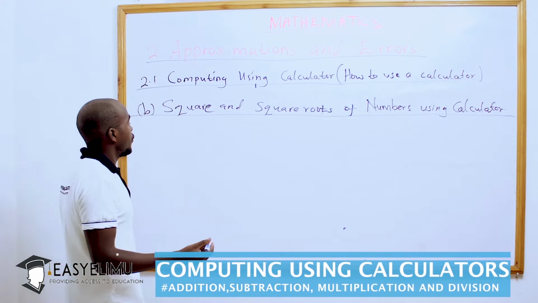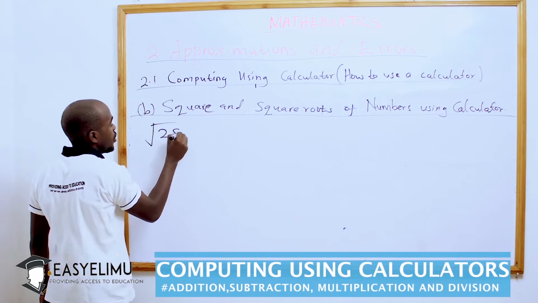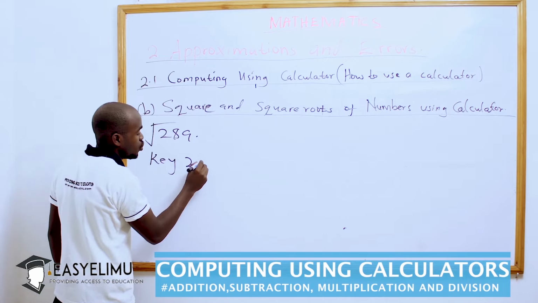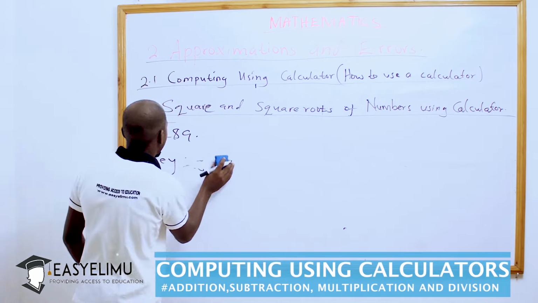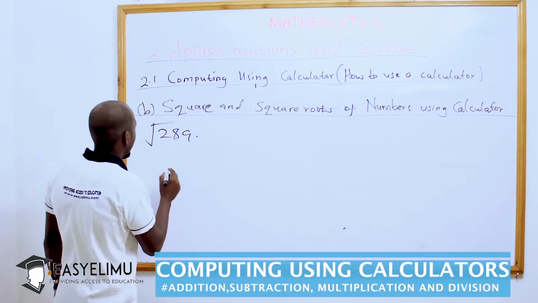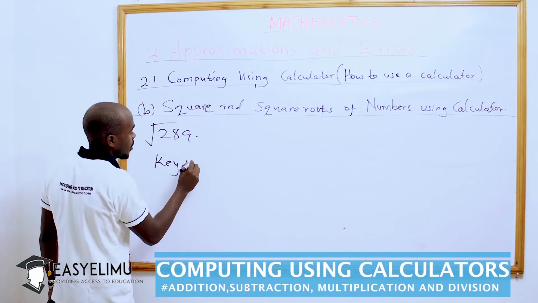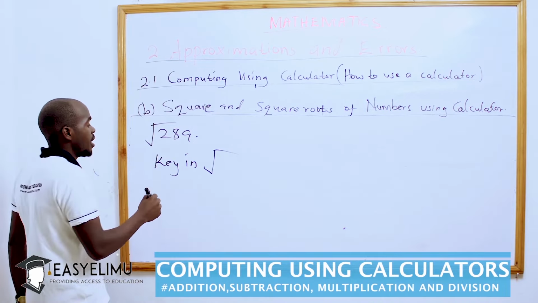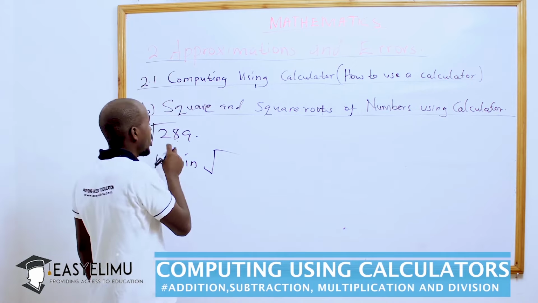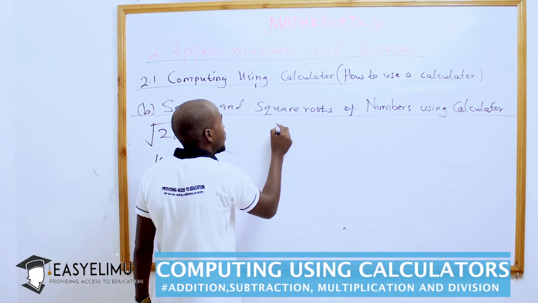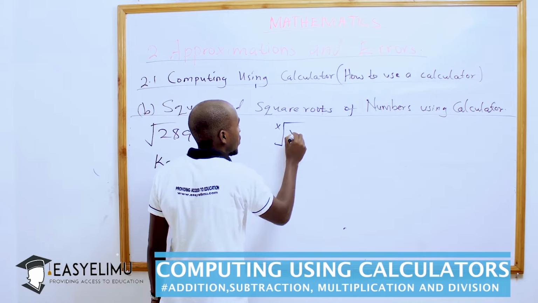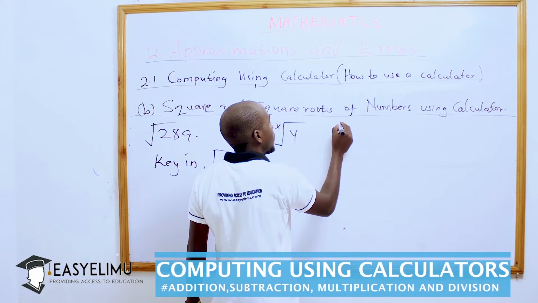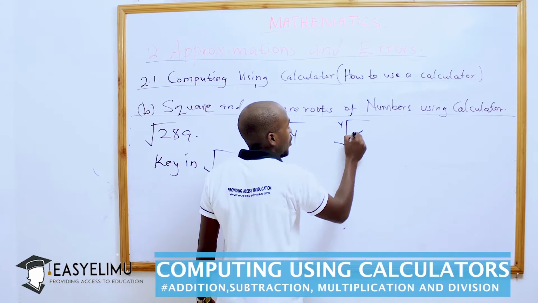For instance, if you have been asked to find the square root of 289, the first thing you should do here is key in the square root sign. Some calculators may display the square root sign, or others display something like y square root of x.